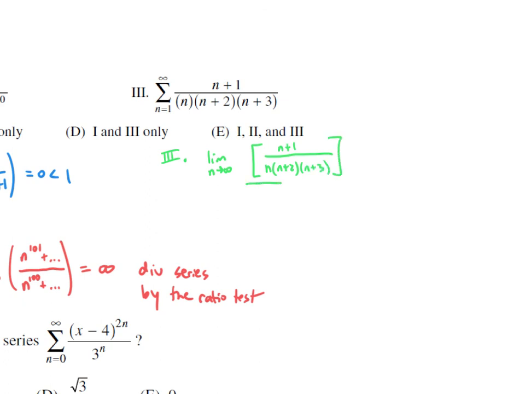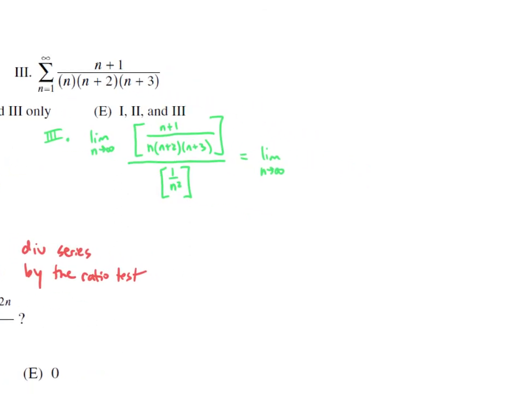And I'm going to divide this by 1 over n squared, simply because I want to make sure that the rational function has the same degree in the top and the bottom. And this would give me the limit as n goes to infinity of n plus 1 times n squared divided by n times n plus 2 times n plus 3.